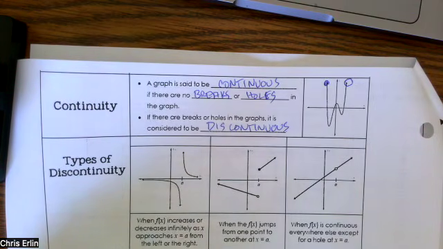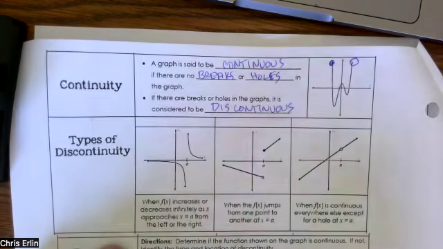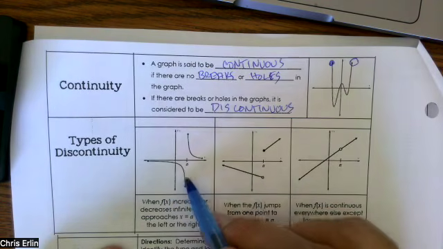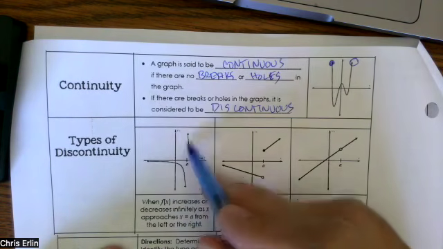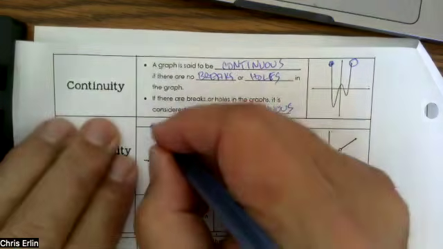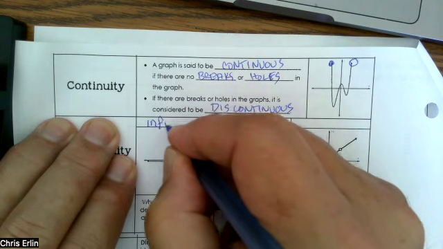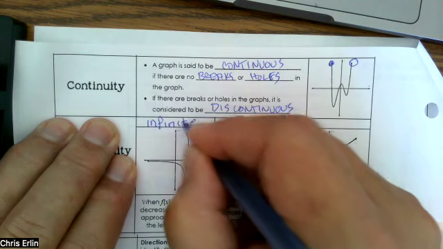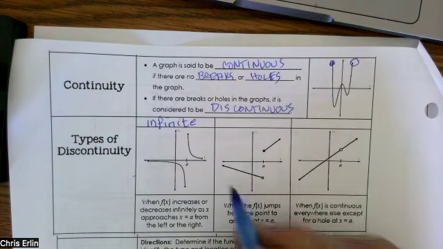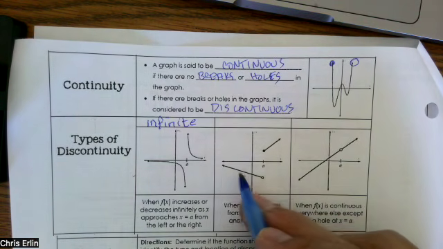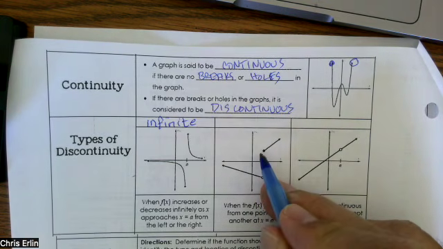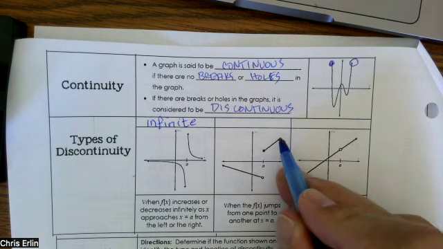Once you see that it's discontinuous, there are 3 types. One type is where you have this huge chasm, right? A vertical asymptote that breaks it, that doesn't cross over, doesn't connect them. This is called an infinite discontinuity. Another is where it's going along and hits some point, usually one of them is a hole, and then it jumps to another spot and continues on.